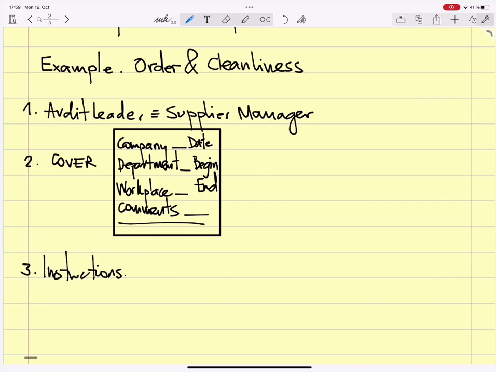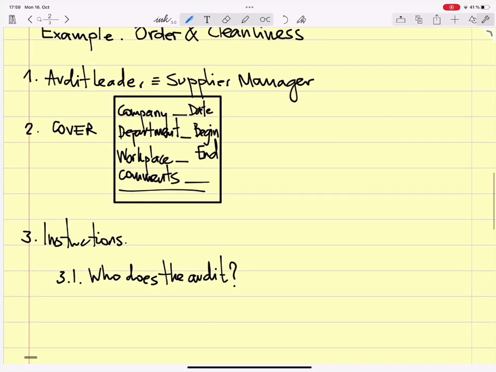So the first point is who does the audit? It must be performed by at least 2 auditors.